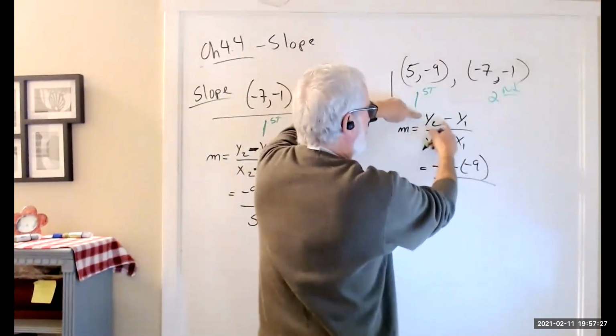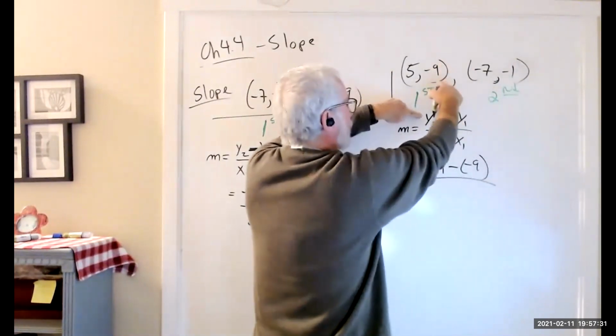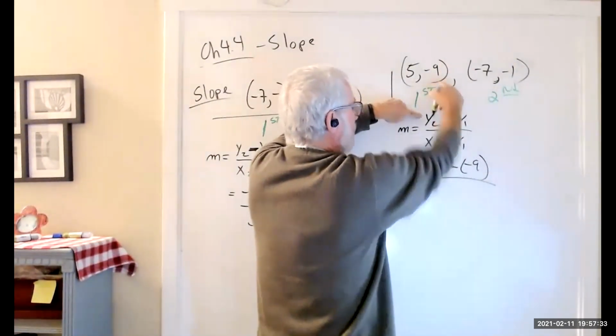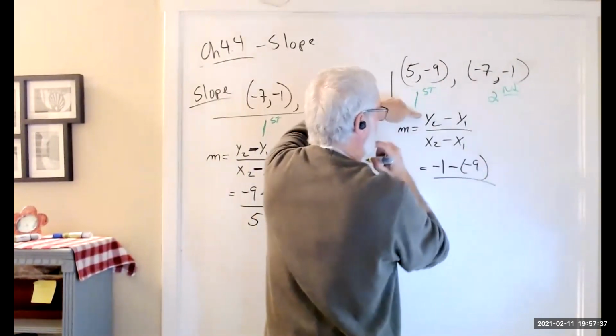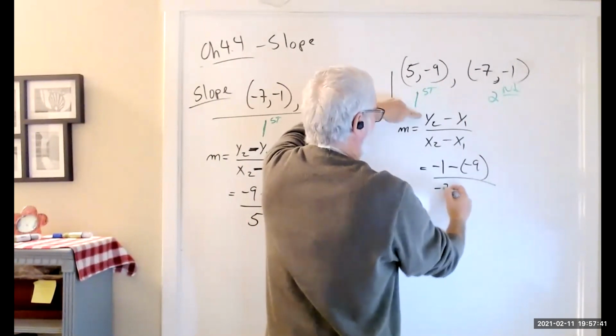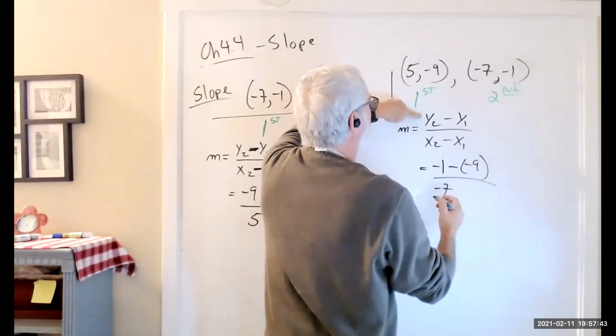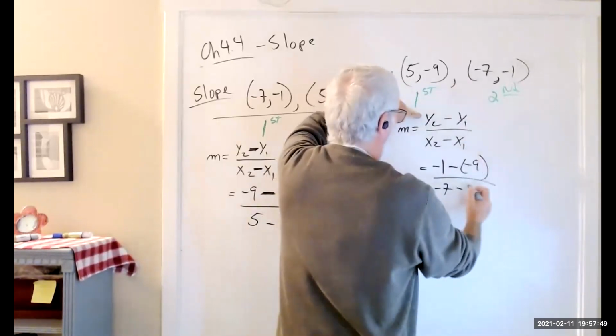Okay, so y sub 2 would be -1 minus -9. Y sub 2 minus y sub 1, second y minus first y. This is going to be x sub 2. I wrote the numbers wrong again. Okay, the -1 keep messing me up. So -7 minus 5.